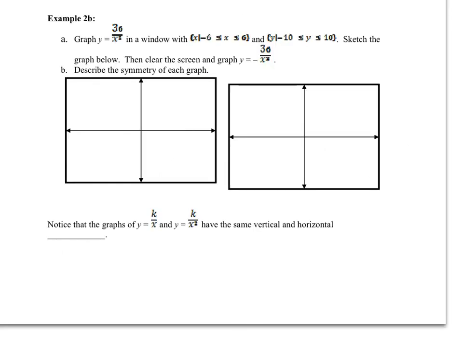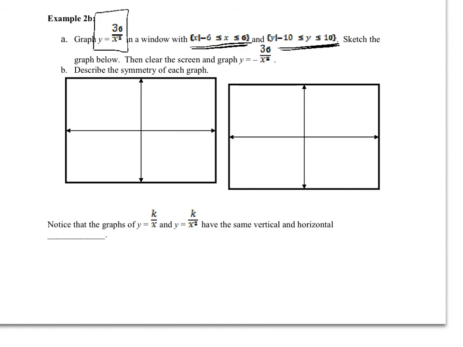Okay, let's do another example, and I want you to also graph this in your calculator as I'm drawing it on the screen, so you can do this as well. So we're going to graph y equals 36 over x squared, and this time we're going to do x greater than or equal to negative 6 and less than or equal to 6, and y greater than or equal to negative 10 and less than or equal to 10.